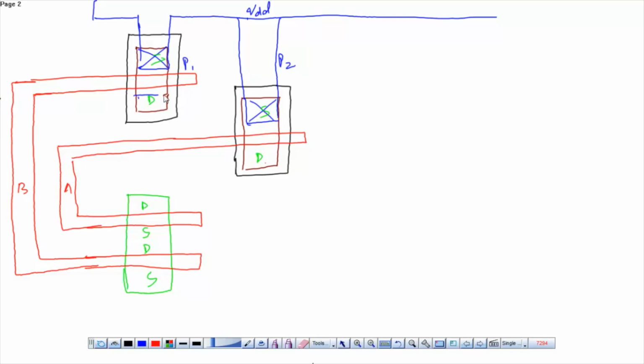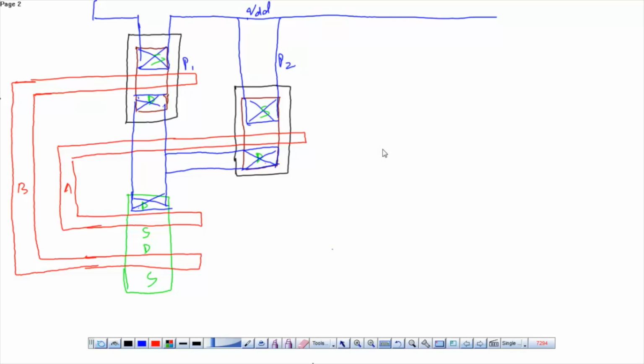So let's short it. Okay, place two contacts and again we have to short these two.